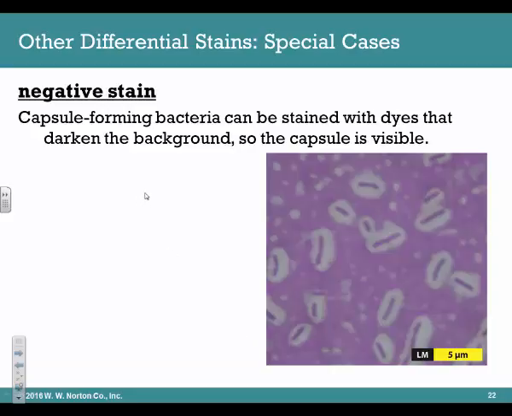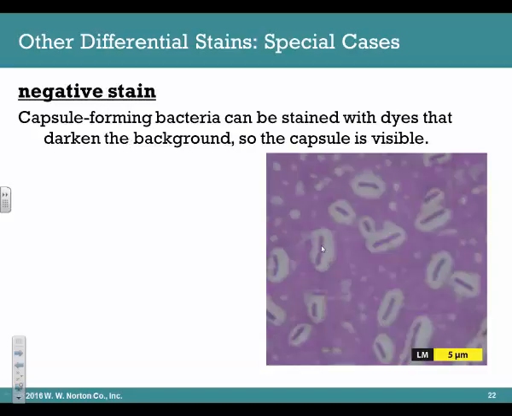And finally, in order to see some of these outside layers that are often virulence factors for pathogenic bacteria, like capsules that protect pathogenic bacteria from our immune cells, and to study whether the bacteria have capsules, we need to do a special kind of stain called a negative staining, where rather than stain the bacteria, the goal is to stain around the bacteria.